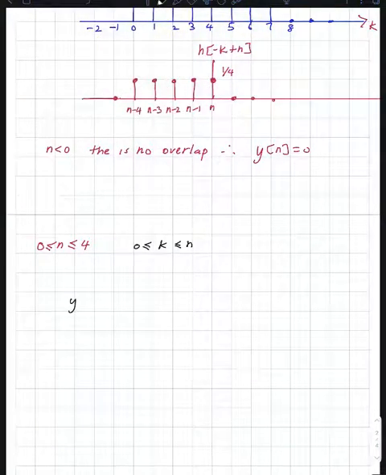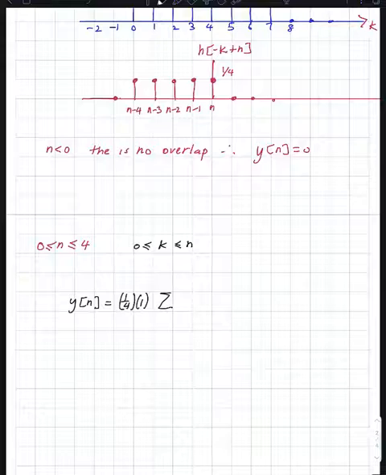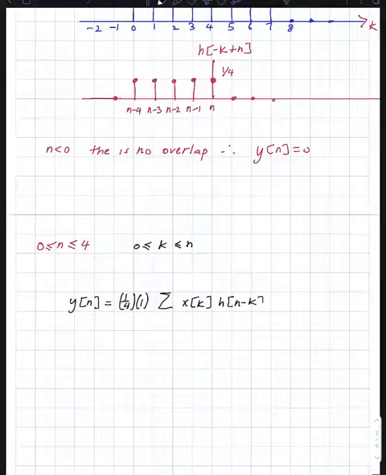Therefore y[n] is going to be 1/4, the amplitude of h[n minus k] multiplied by the amplitude of x[k], the summation of x[k] h[n minus k].